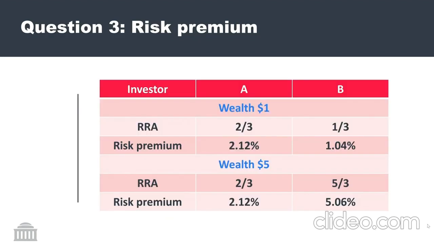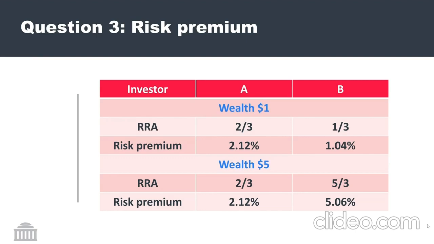Let's summarize. Investor A has a constant relative risk aversion. Regardless of whether her wealth is $1 or $5, the coefficient of relative risk aversion of this investor is just 2/3. Regardless of how rich this investor is, the risk premium associated with this particular investment opportunity is 2.12%.